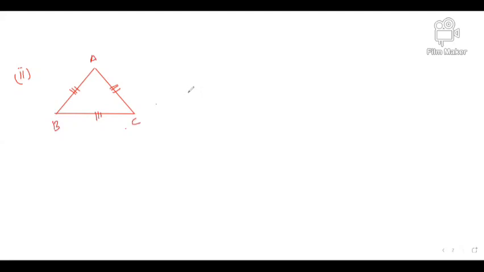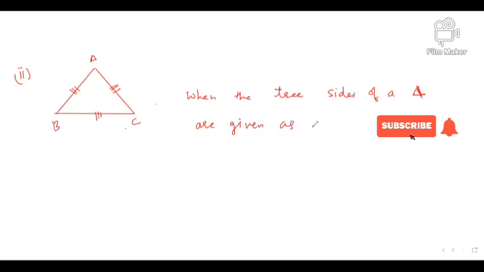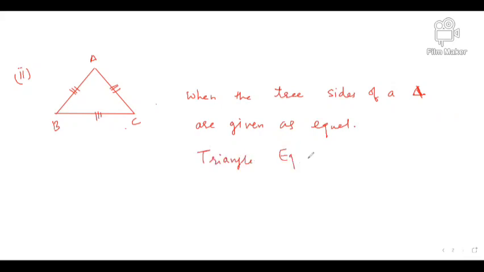When all the three sides of a triangle are given as equal or of equal length, we would call the triangle an equilateral triangle.